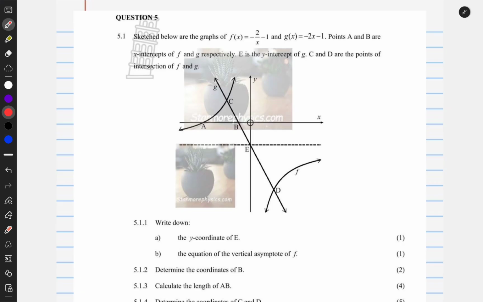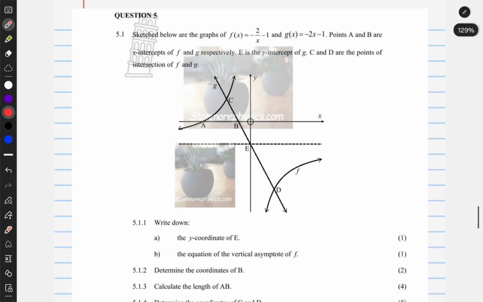And then next, points A and B are the x-intercepts. Point A is the x-intercept of the hyperbola, and point B is the x-intercept of the straight line equation.